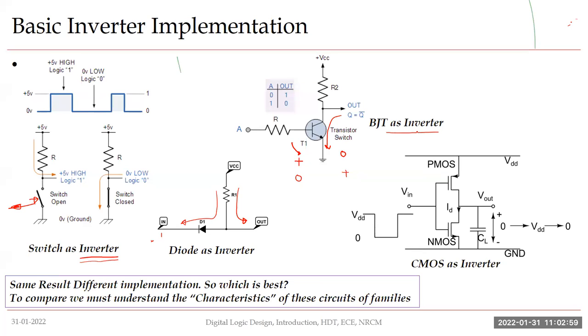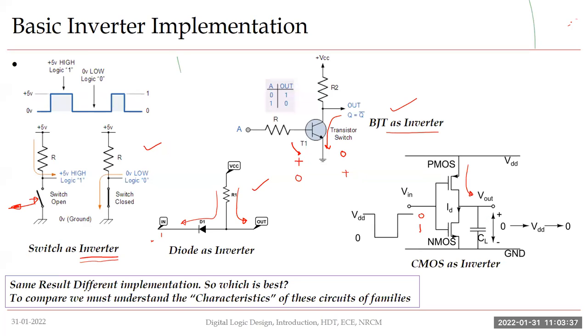Which brings us to a very interesting point. I have a switch as an inverter, a diode as an inverter, a BJT as an inverter, and if I consider another form of transistor, the unipolar transistors, that means PMOS and NMOS transistors, we can see that when the input voltage is 0, PMOS is on, the current flows through here, the capacitor charges, and the output becomes 1.